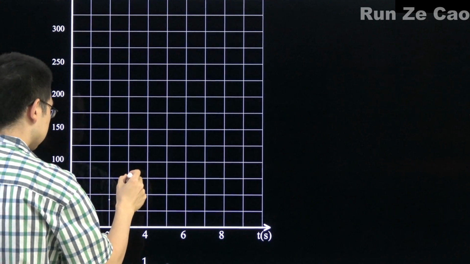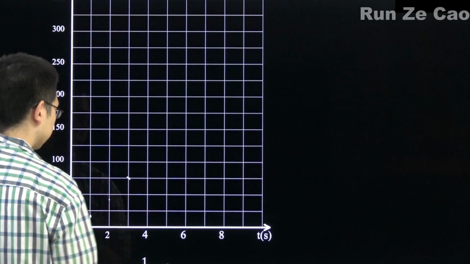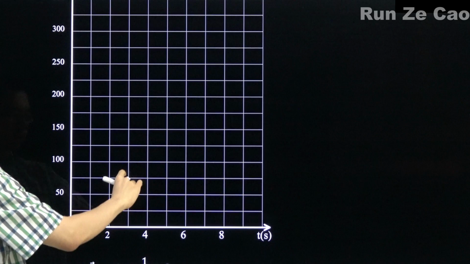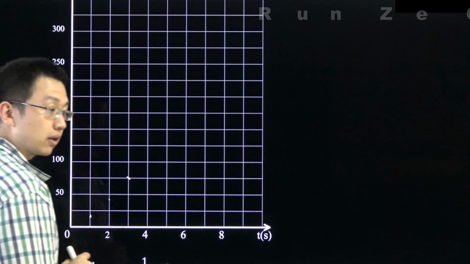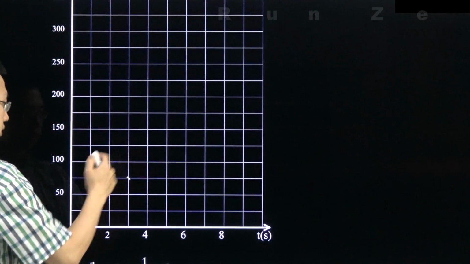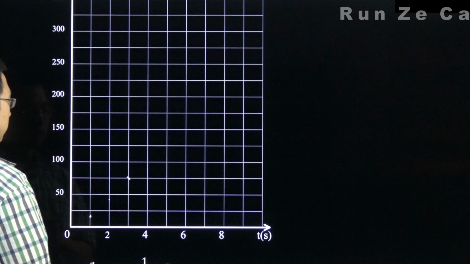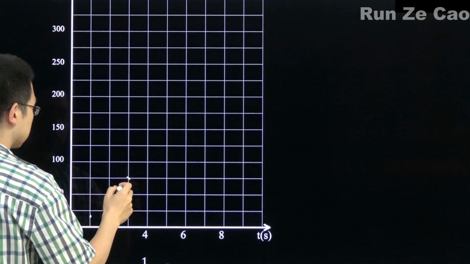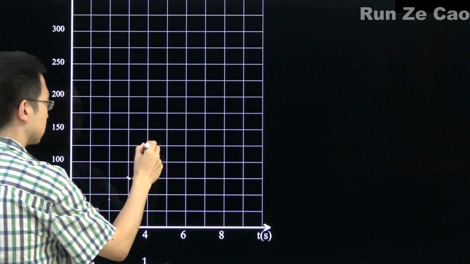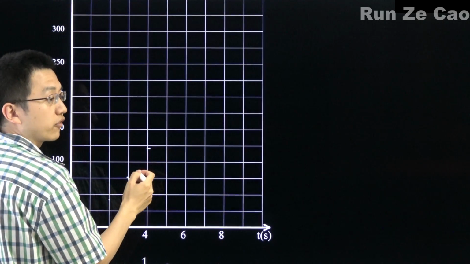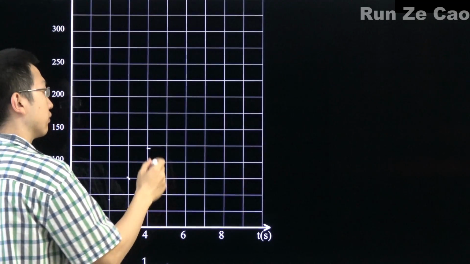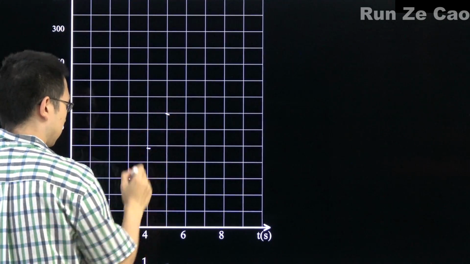And that brings us up to 75. 25, 10, that's 35. And the next second is going to be 45, which means we go from 75 to 120. And the next second after that, we go up by 55 to 175.